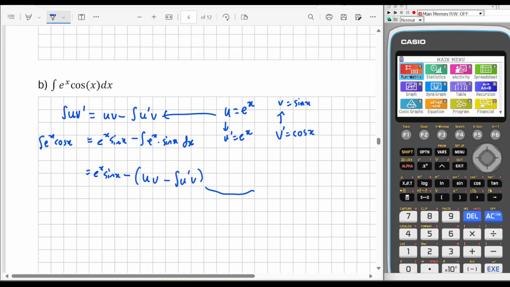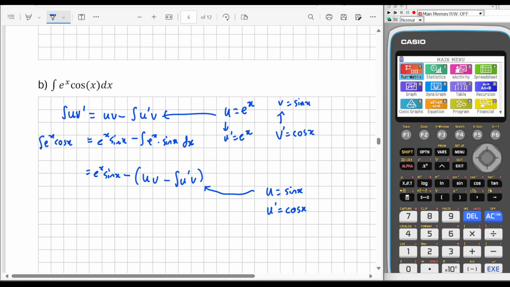And for this one here, we've got to pick what our u and v dash are. It doesn't really matter too much, but let's pick u as sine of x, just so I'm dealing with less negative signs. So we're going to get cos of x there.